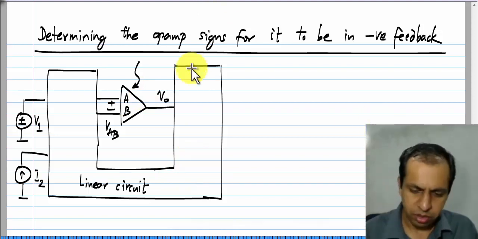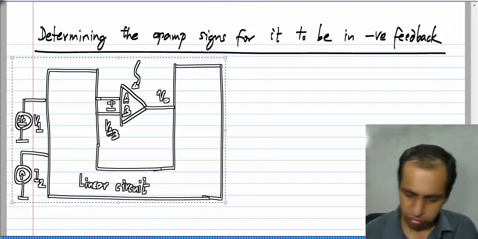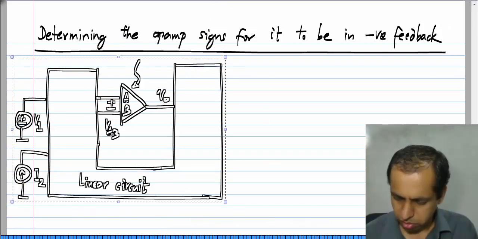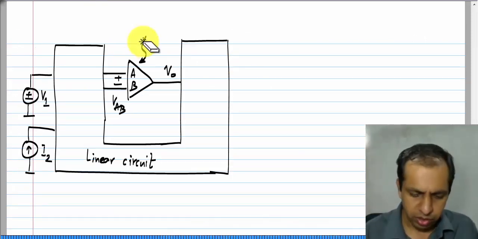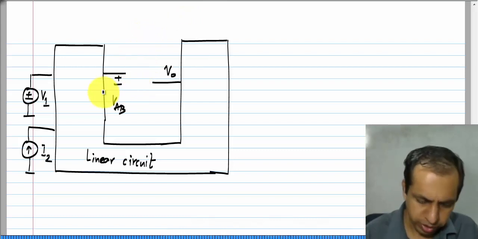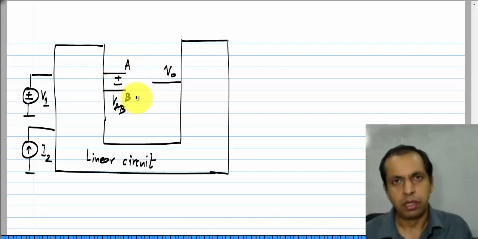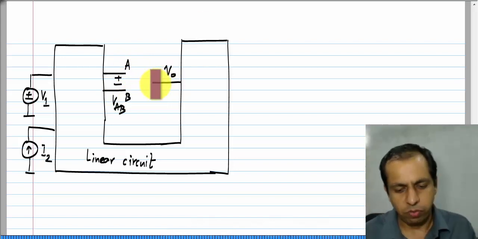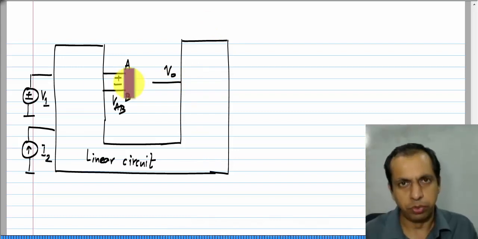So, to do that, let me do the following. I will remove the op amp. So, this was terminal A, this is terminal B. Like I said, we have to find out what fraction of a voltage applied here comes back to its inputs.